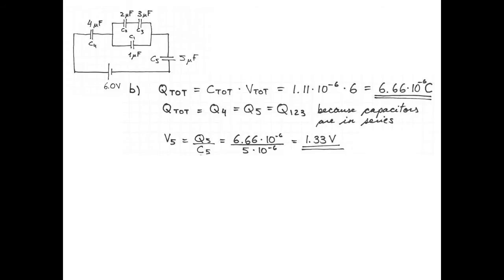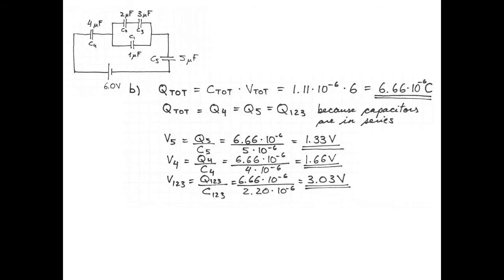So the potential difference across capacitor 5 is 6.66 microcoulombs divided by 5 microfarads, and that's 1.33 volts. The potential difference across capacitor 4 is 6.66 microcoulombs divided by 4 microfarads, and that is 1.66 volts.